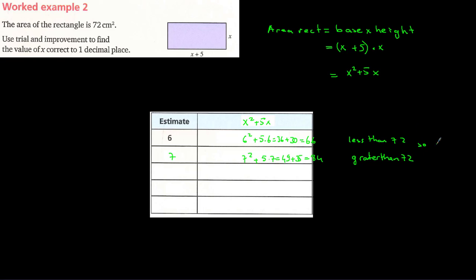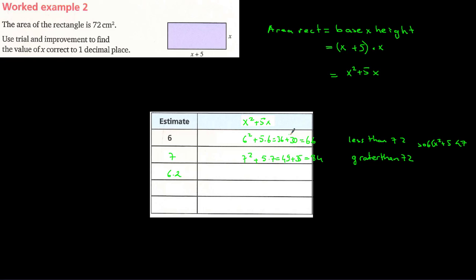So the value of x is between 6 and 7. I'm trying a one decimal place number like 6.3, or I will try 6.2, which is closer to 6, because it seems that 72 is closer to 66.